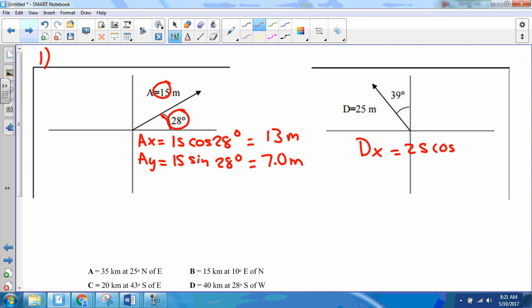How many degrees are in this first quadrant? 90 degrees. So the real theta that I have is not 39, it's 90 plus 39. Okay? And to do dy, it's just going to be 25 sine of 90 plus 39.